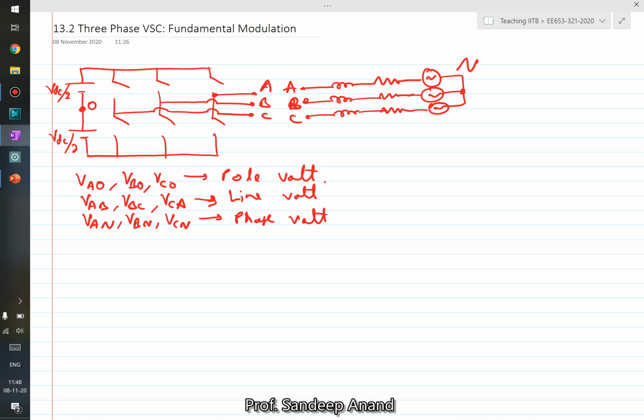So let us start by drawing these different voltages. So let's say VAO. If you only see leg A, that essentially means it's a half bridge single phase inverter, right? So how can you do a fundamental modulation? You can keep the voltage plus VDC by 2 for some time.